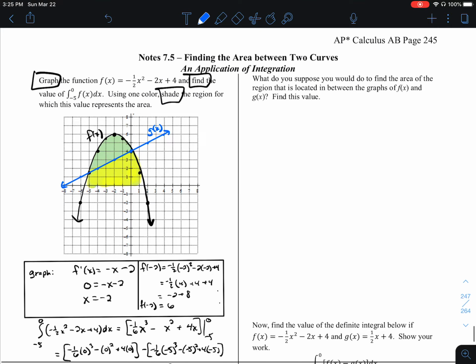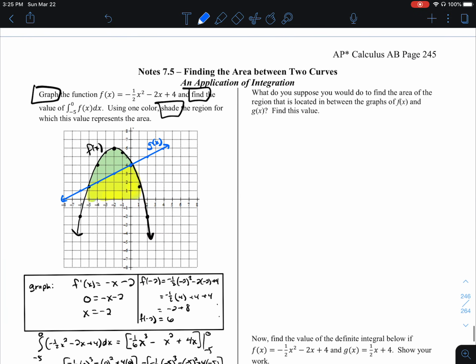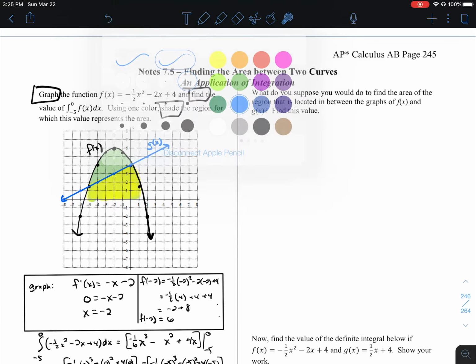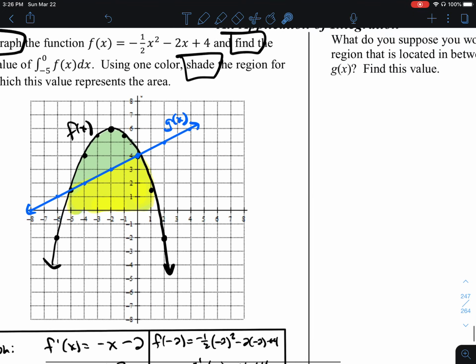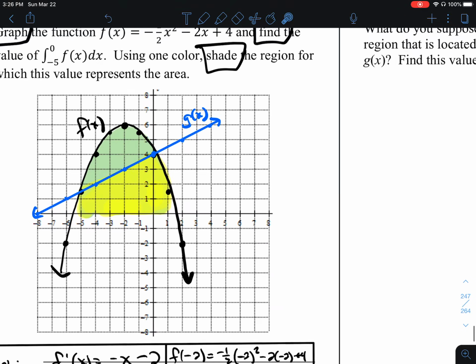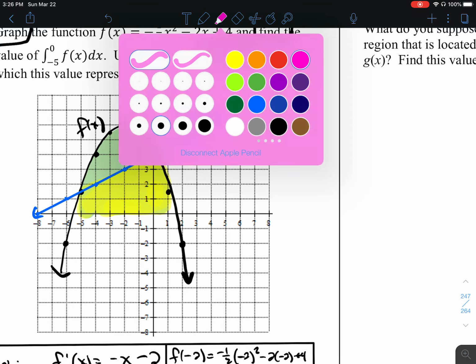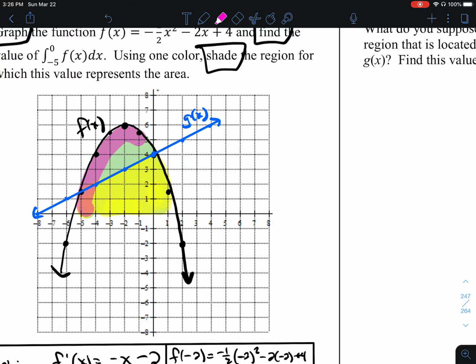What does any of this have to do with something new, you might be asking? Well, let's go on to this next question. What do you suppose you would do to find the area of the region that is located between the graph of f of x and g of x? Here's what that means. If we were to take, let's say, I'm going to put a little handle on this so I can move it.